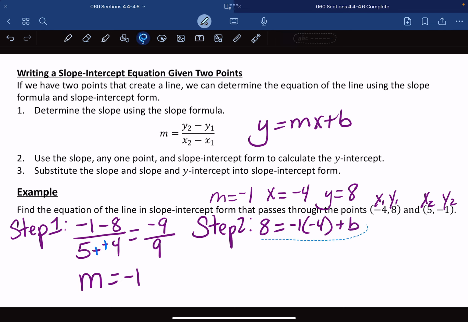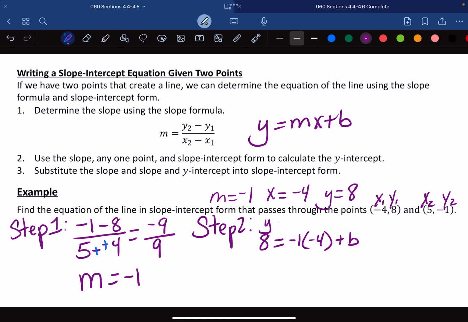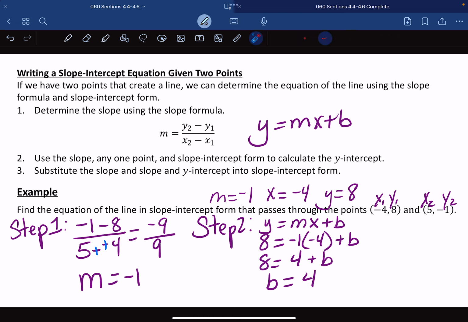I should probably rewrite the equation just so we have it here. y equals mx plus b. And we're just simplifying to get that b is equal to 4. And now I know that b is equal to 4. I also know that m is equal to -1.